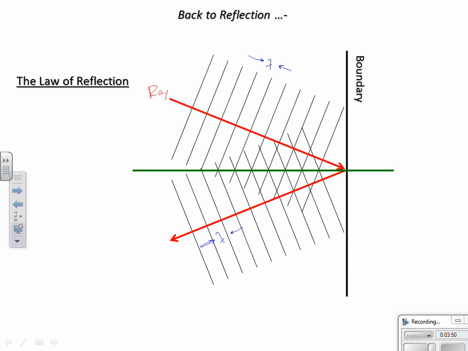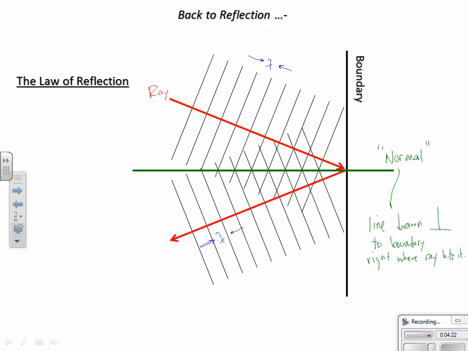The law of reflection says, well, this thing is called a normal, and a normal is a line drawn perpendicular to a boundary right where a ray hits it.